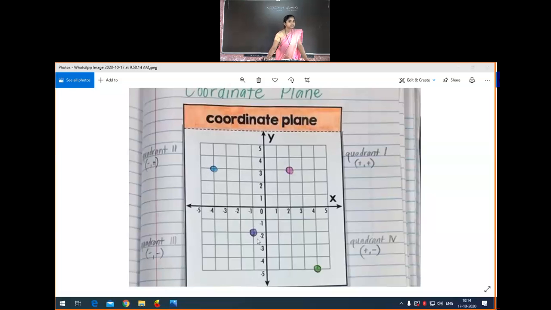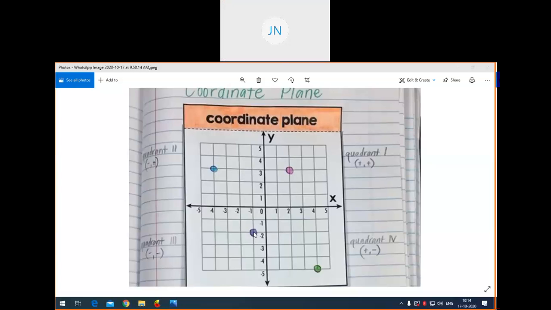Now come to this dot. Can you tell me the coordinates of this one? Who is ready to tell? Coordinates of this point. Minus 1, minus 2. Yes, very good.